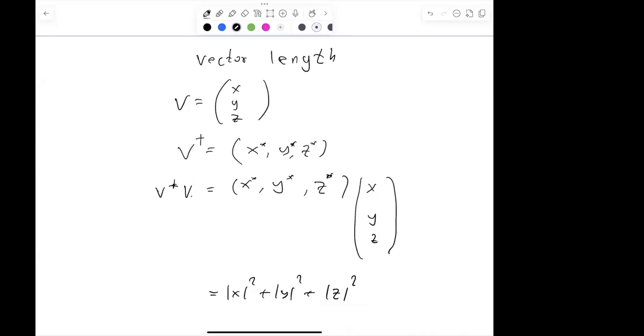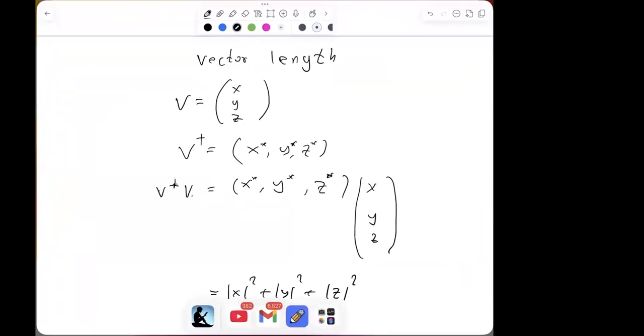I get x squared plus y squared, I mean the conjugate squares. In other words, I get a real number, and it's very similar to length. You can see that it's actually the Pythagorean square of the vector. So any vector, once multiplied with its Hermitian conjugate, actually gives us the length square of this vector.